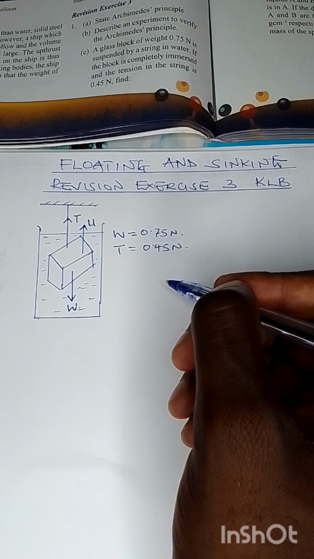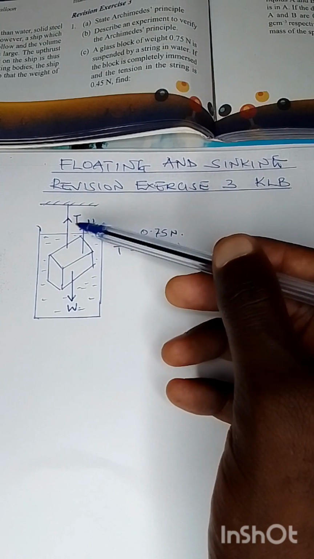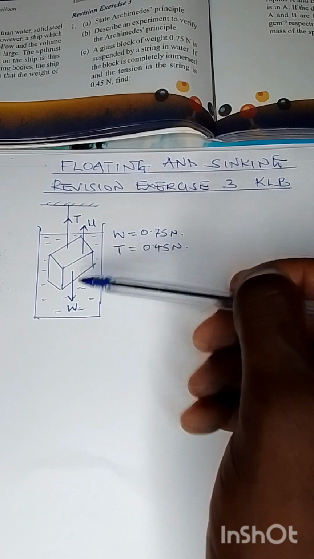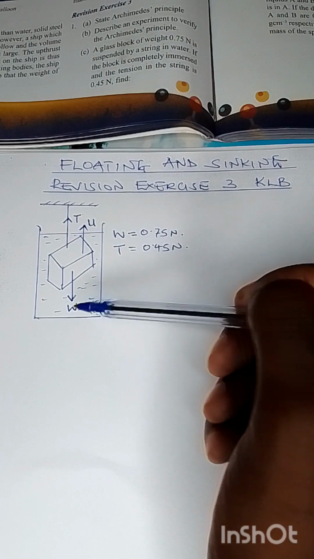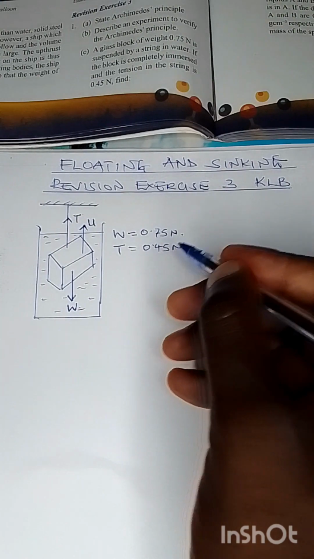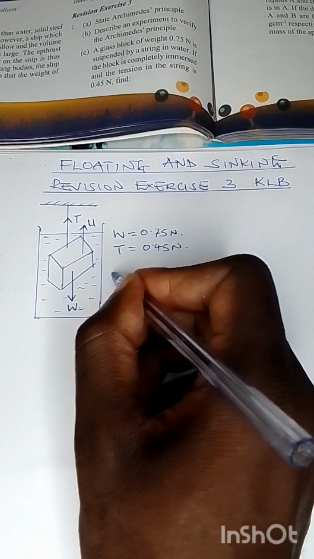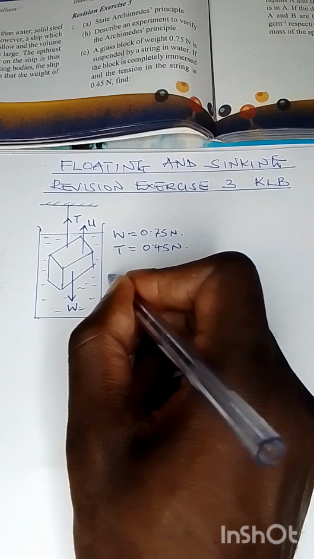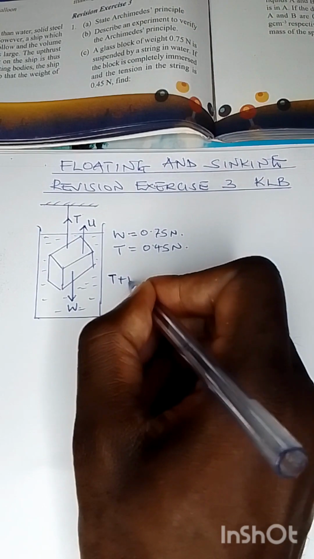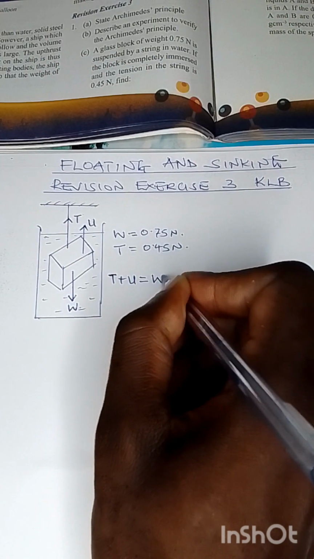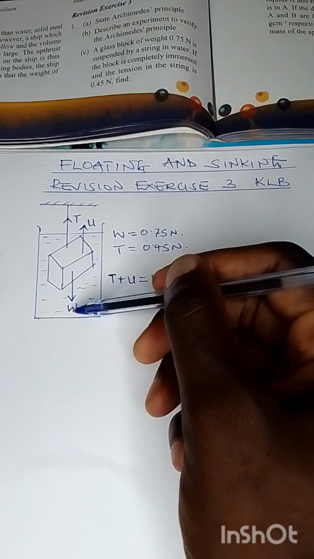You have two forces acting in the same direction, that is the tension force and the upthrust. Weight is acting in the opposite direction, but the three are balancing. So according to this relation, you can say that tension force plus the upthrust is equal to the weight, that is equal to the downward force here.